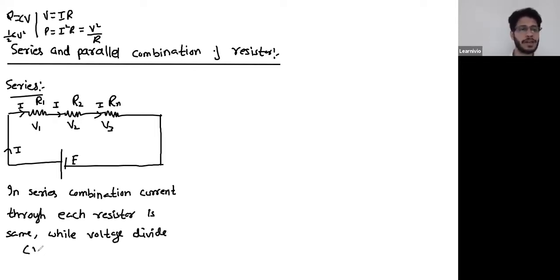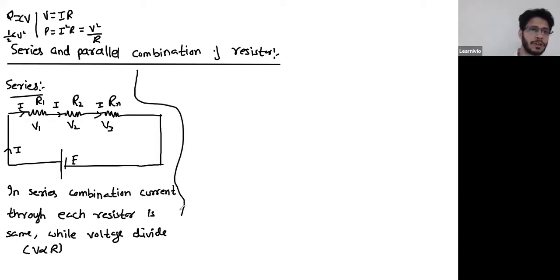And voltage divides in direct proportion to resistance. Directly proportional means the resistor having maximum resistance will get maximum voltage. It would be better if you take out the pages in which we have done the series combination of capacitors, because the calculations are similar.